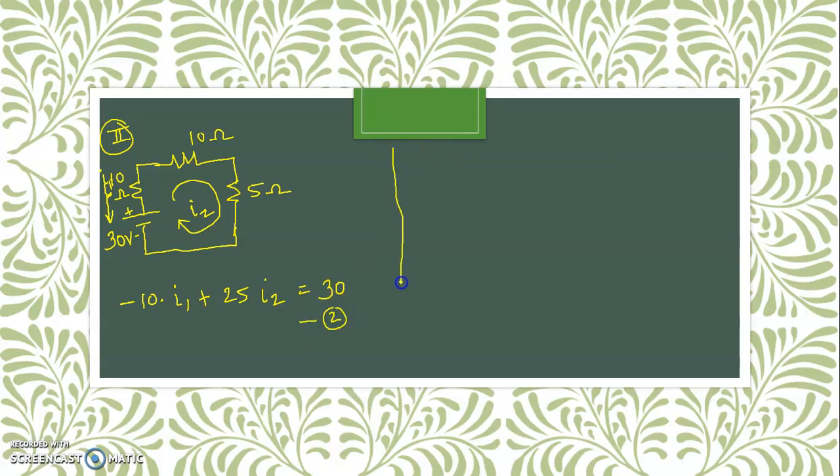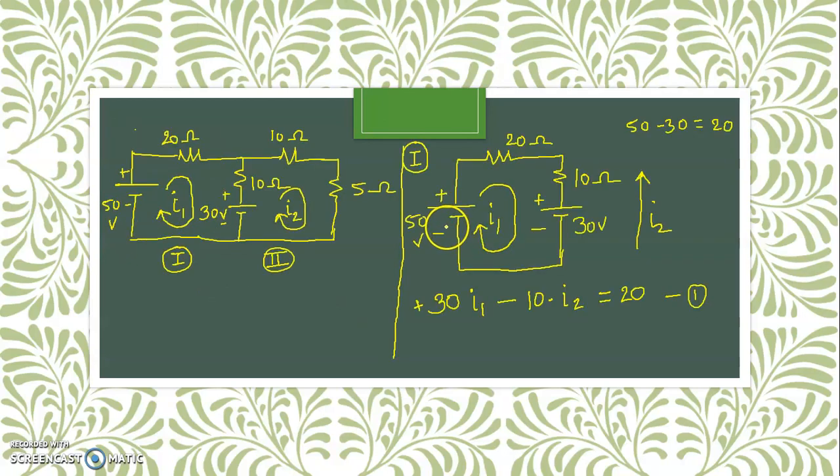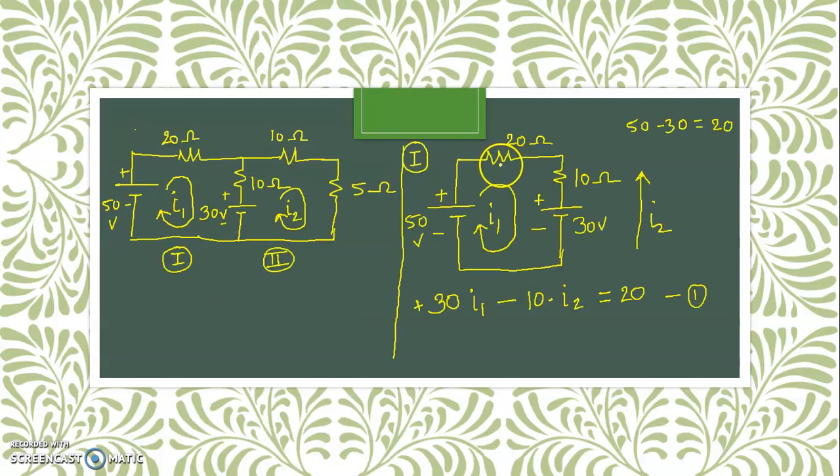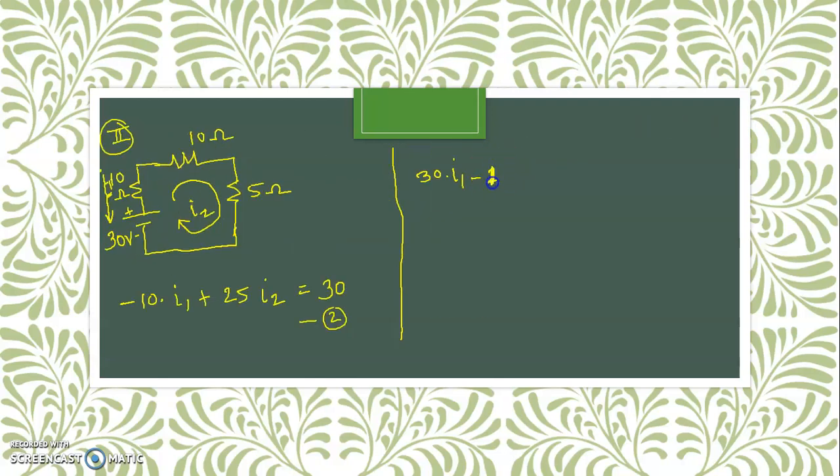So these are the two expressions. Expression 1: 30 I1 minus 10 I2 equal to 20, and expression 2: minus 10 I1 plus 25 I2 equal to 30.